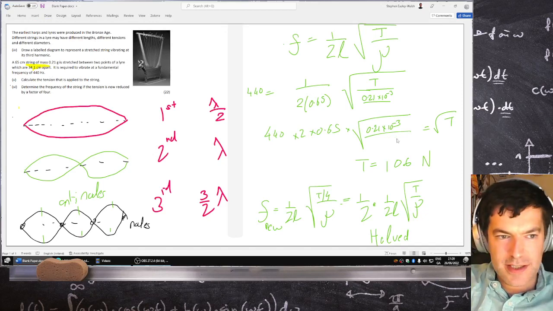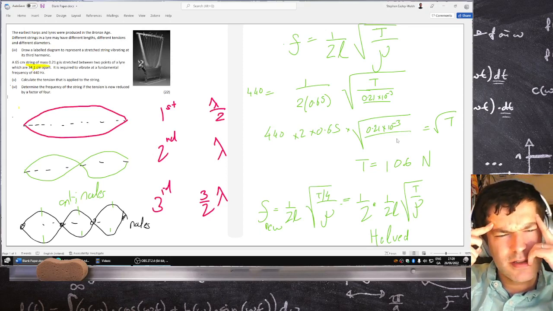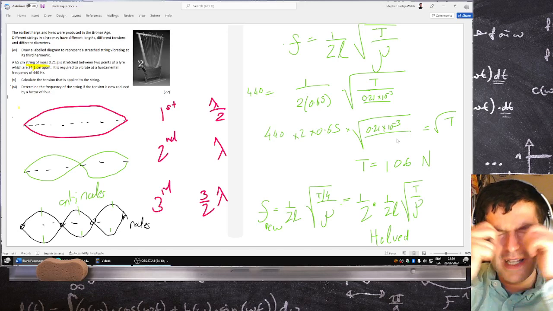It's stretched to 65. So when they said a 65 centimeter string of mass 0.21 grams is stretched between 2 points of a lyre, which are 34.1 centimeters apart. Oh man.